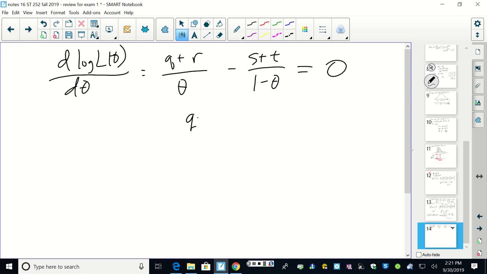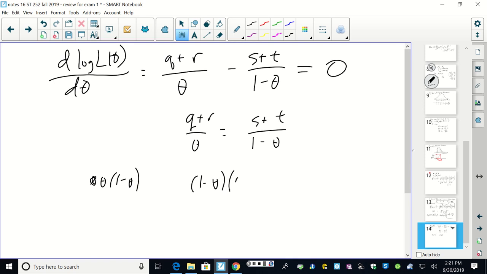Add this to both sides, S plus T over 1 minus theta. If you multiply by theta times 1 minus theta, you'll get a cancellation over here, so you get 1 minus theta times Q plus R. Over here, the 1 minus theta cancels, so theta times S plus T. And you multiply this out, you get Q plus R over here.